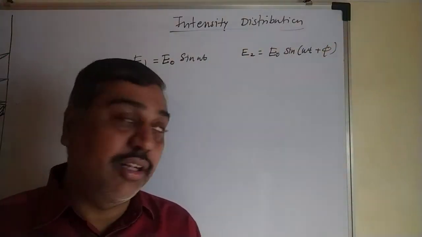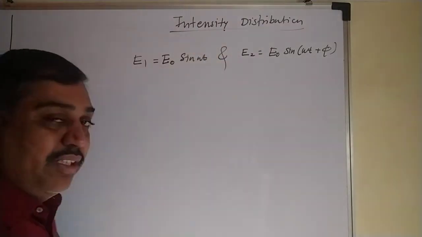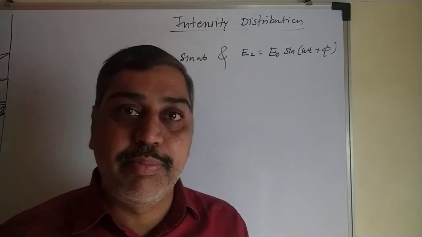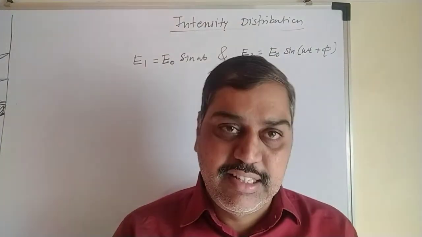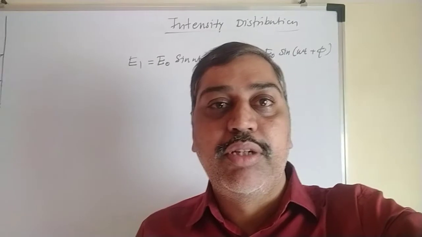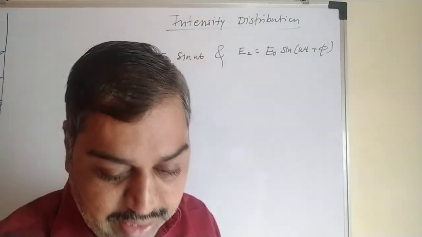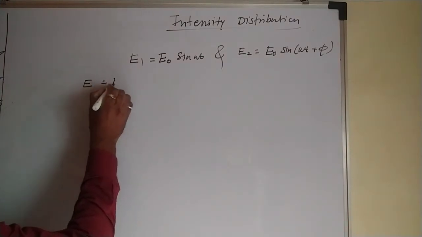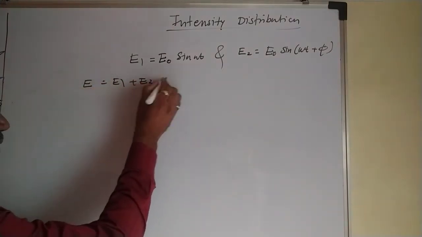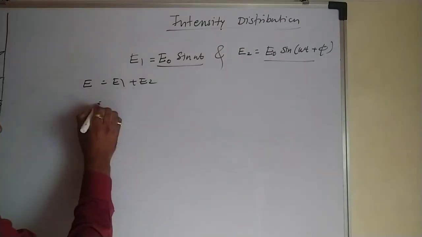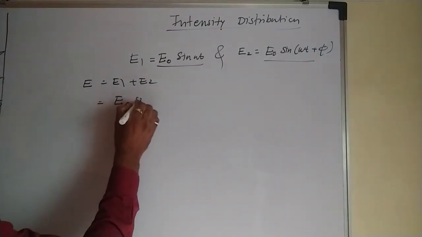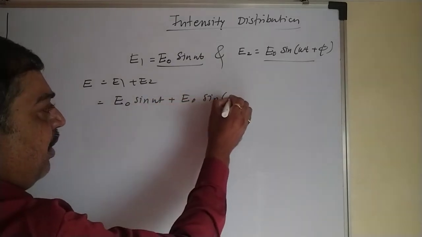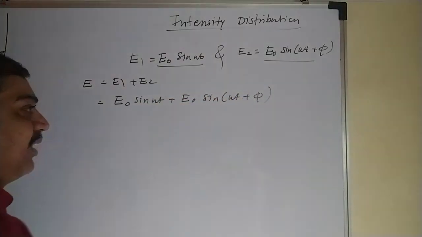When they interfere, according to the principle of superposition, the resultant displacement is the sum of the displacements of these two waves, so E equal to E1 plus E2. Put it here: E0 sine of omega t plus E0 sine of omega t plus phi. So this is the resultant displacement.